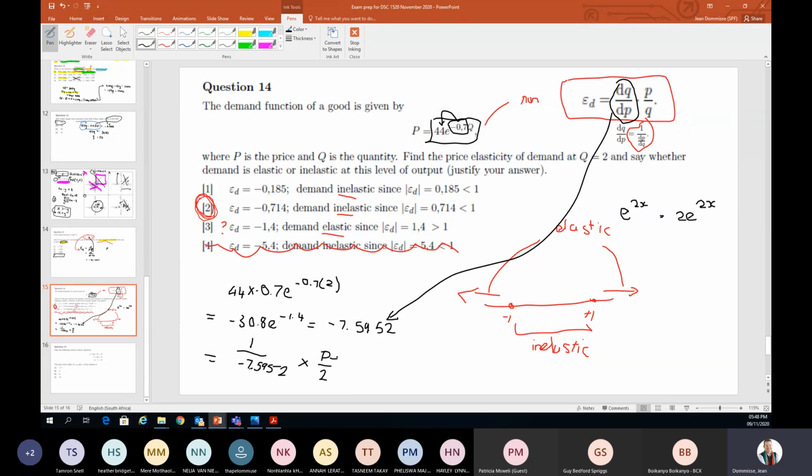So how do we calculate that? P is, well, we've got our original formula. We put in 2 there to get P, so it would have been minus 0.7 times 2, which is minus 1.4. If we then set that as e to the power of minus 1.4 times 44, P would have been equal to 10.8503.